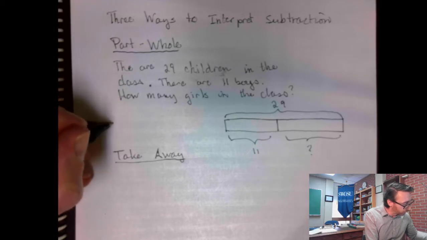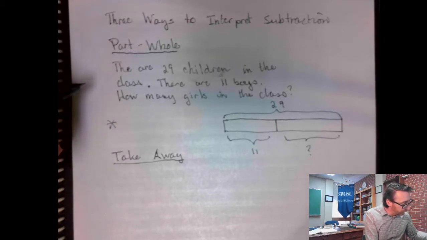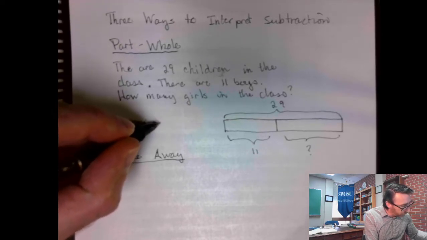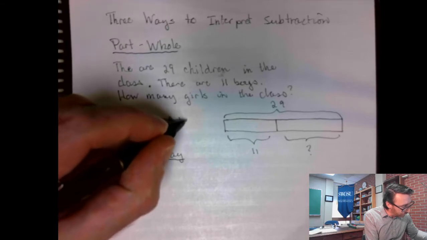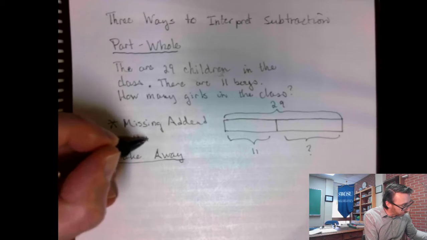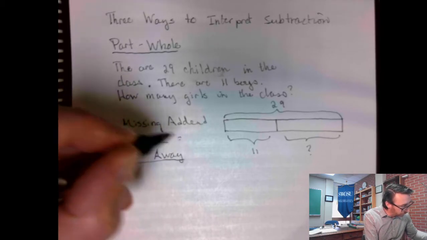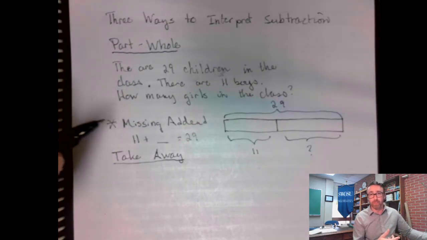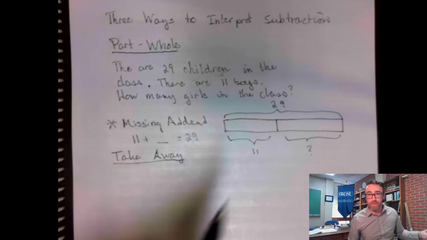This really highlights that missing addend definition that we just discussed. Basically we're saying 11 plus blank equals 29 in this model.